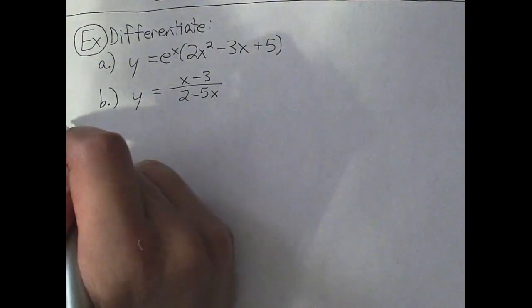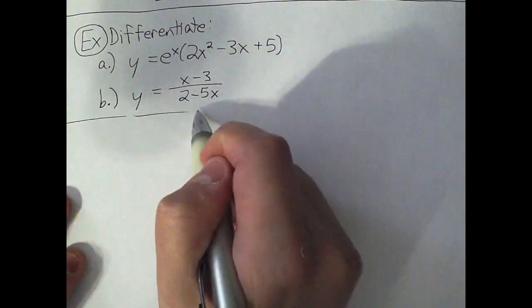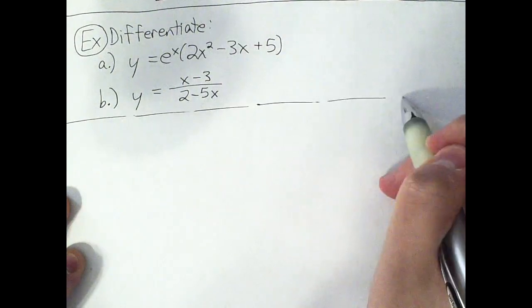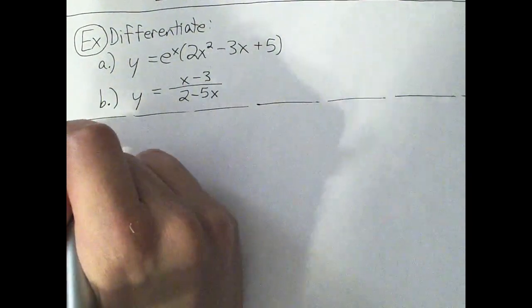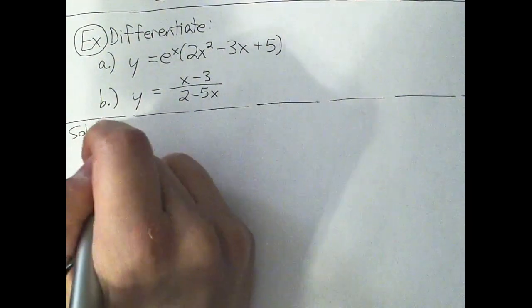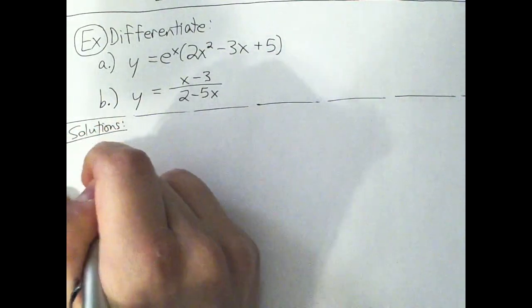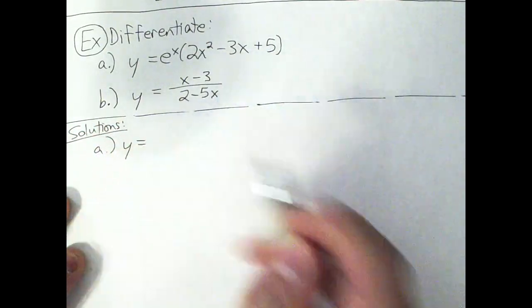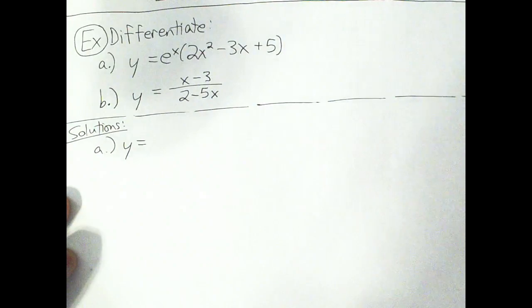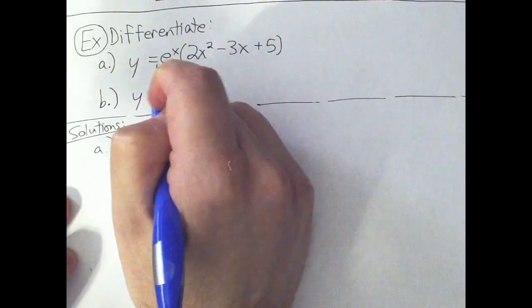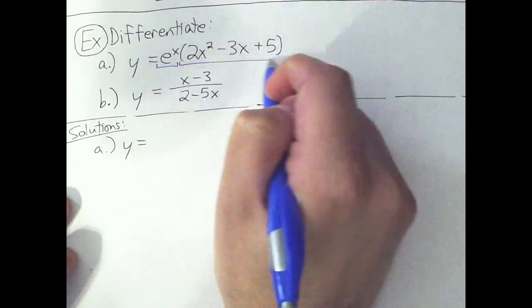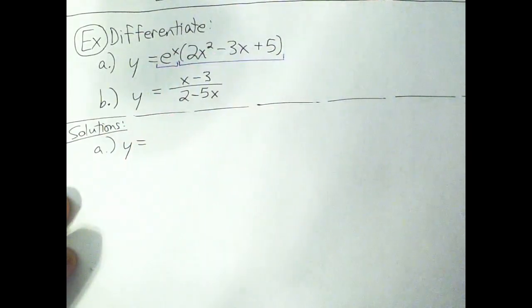All right, so hopefully you paused the video and you tried those. Let's work on these solutions. So for part A, I'm looking at this as the first function and the second function. You could think of them as f and g if you'd like.